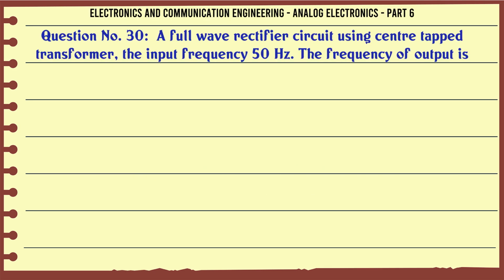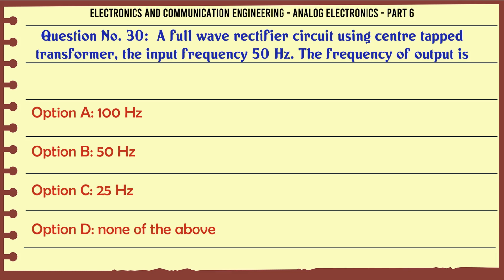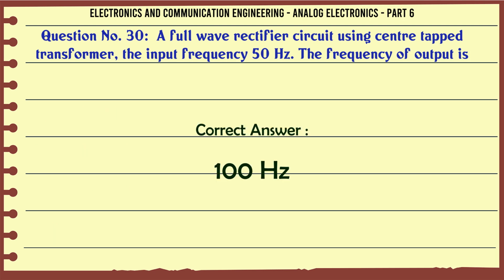A full wave rectifier circuit using center tapped transformer has input frequency 50 Hz. The frequency of output is: A. 100 Hz, B. 50 Hz, C. 25 Hz, D. none of the above. The correct answer is 100 Hz.